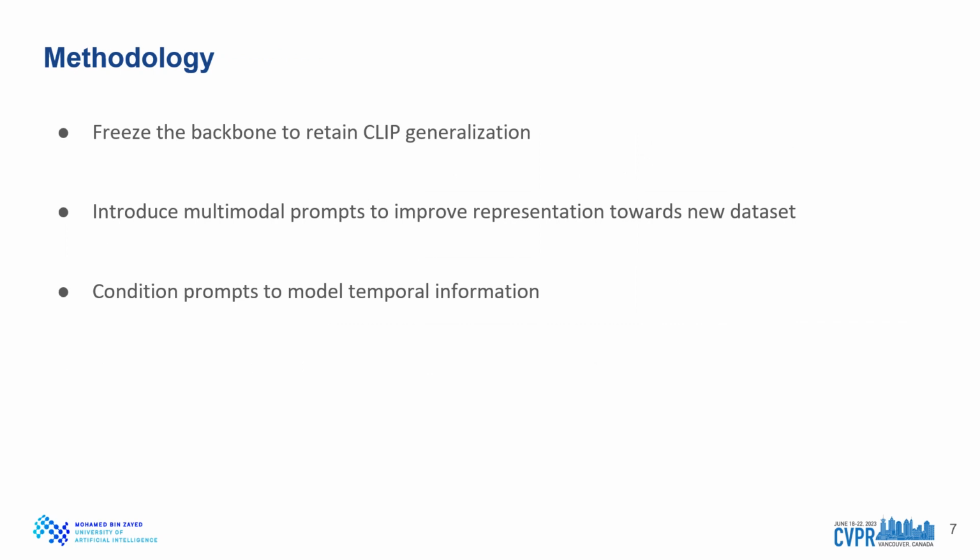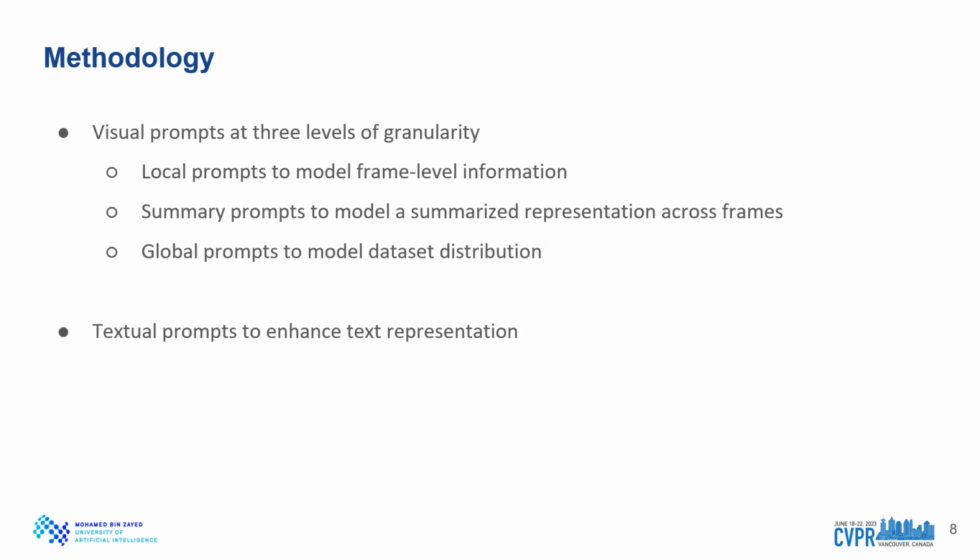We present our methodology, where we freeze the backbone to retain the CLIP generalization. We then introduce multimodal prompts to improve representation towards the new dataset and the video task. And then we condition prompts to particularly model temporal information. Multimodal prompting involves visual prompts and text prompts.